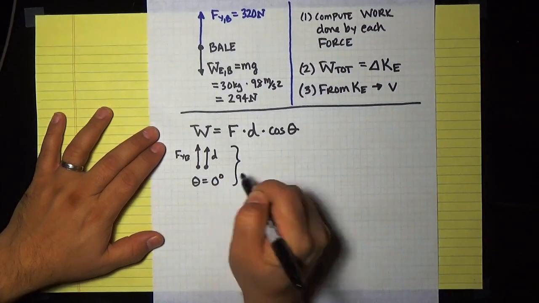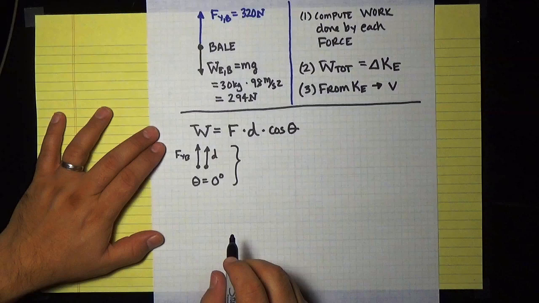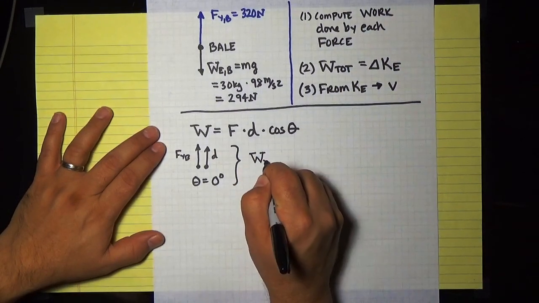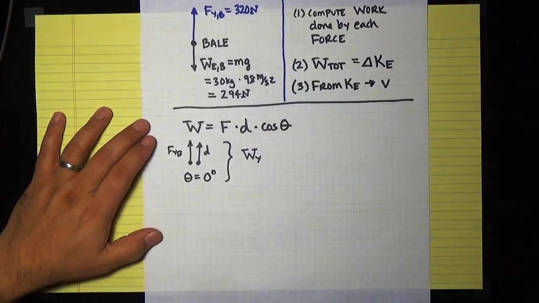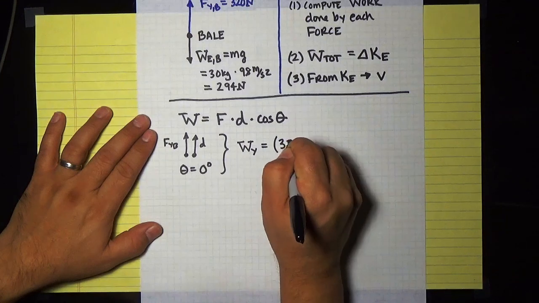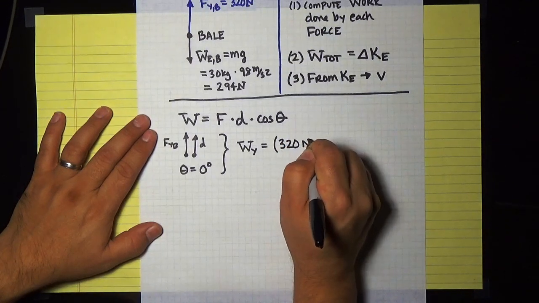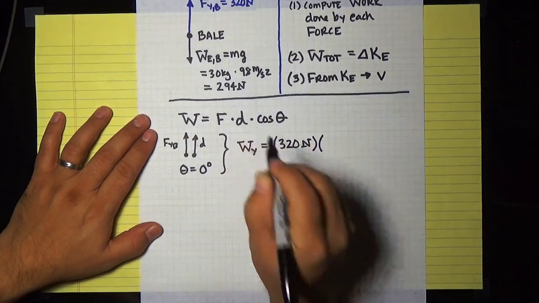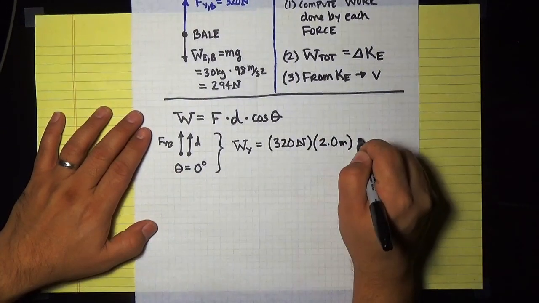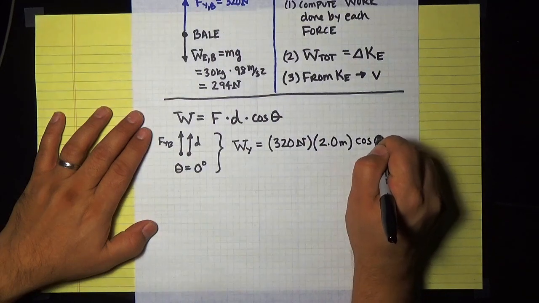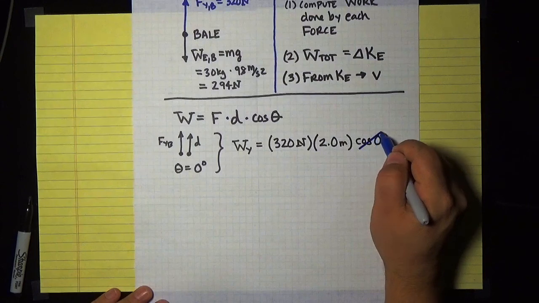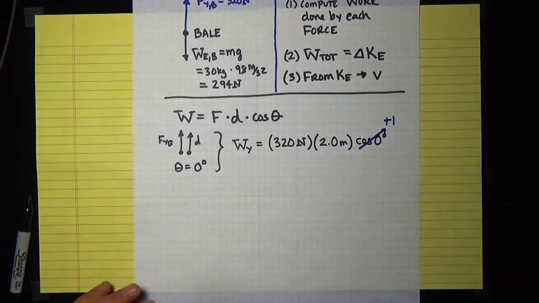So if I use that information together with the numbers from the problem, I see that the work that you do on the bale when you buck the bale is equal to the force that you apply, which is 320 newtons, times the distance over which it is applied, which is 2.0 meters, times the cosine of 0 degrees. And in this case, the cosine of 0 degrees is +1.